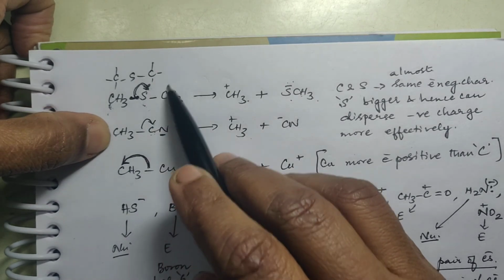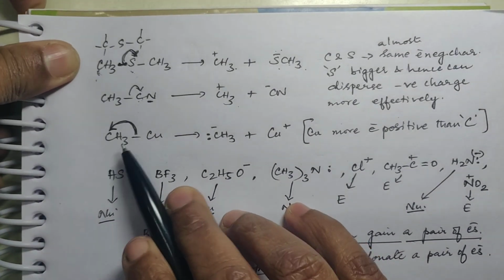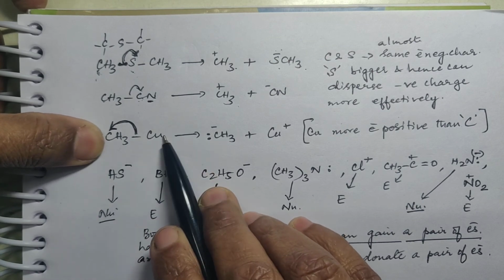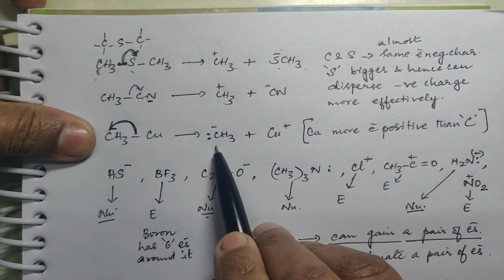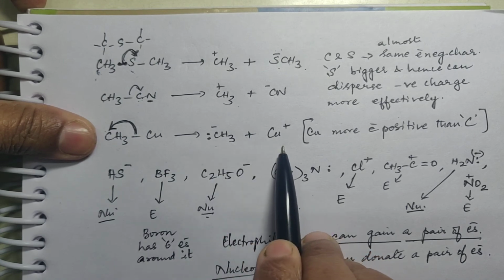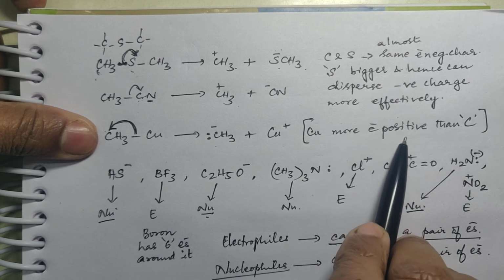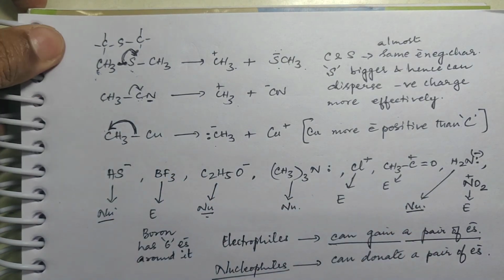So these are heterolytic fissions. Same way in the case of CH3Cu. Now carbon is more electronegative than copper. Copper is a metal, right? So the pair of electrons is shifting towards carbon, leading to CH3 minus plus Cu plus. Okay? Because Cu is more electropositive. That is why the electron pair is shifting towards carbon, which is more electronegative.